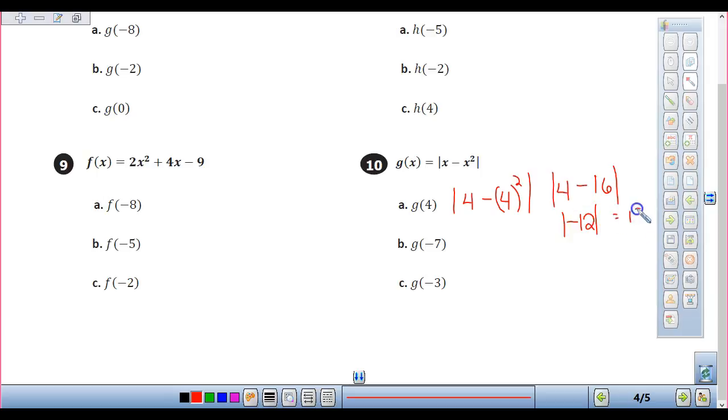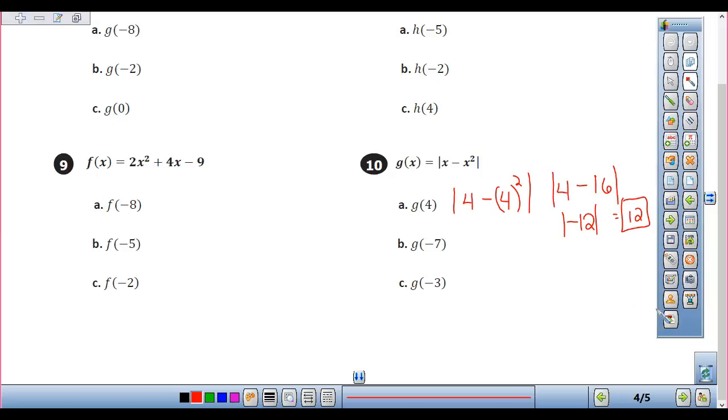Positive 12. Remember those absolute value signs makes your final answer positive because we're talking about a distance. Okay? Anytime we're talking about absolute value, we're talking about the distance -12 is from 0. So it's 12 away from 0. Okay?